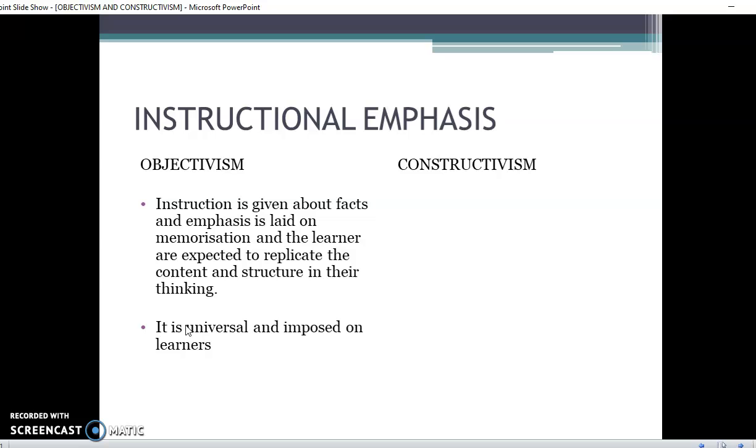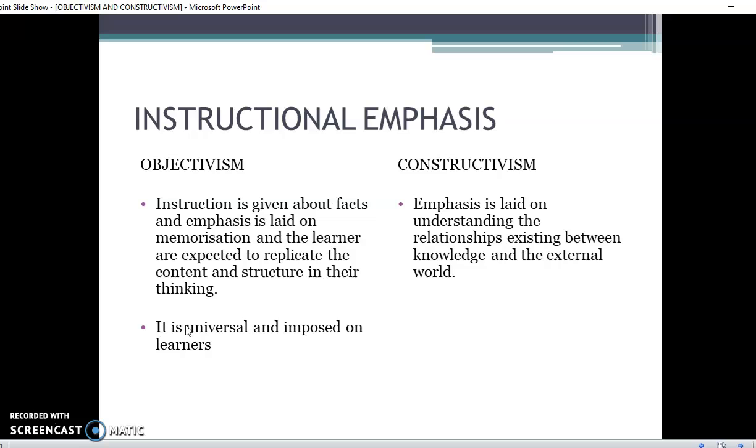And when we think of a constructivist approach, the emphasis here is laid on understanding the relationships existing between knowledge and the external world. So here the emphasis is on understanding, and there the emphasis is on memorization.